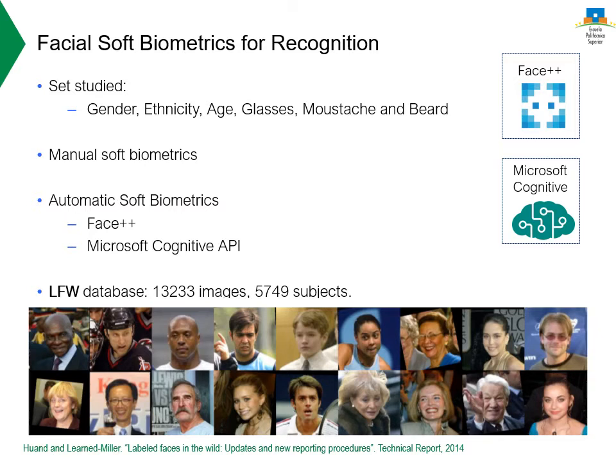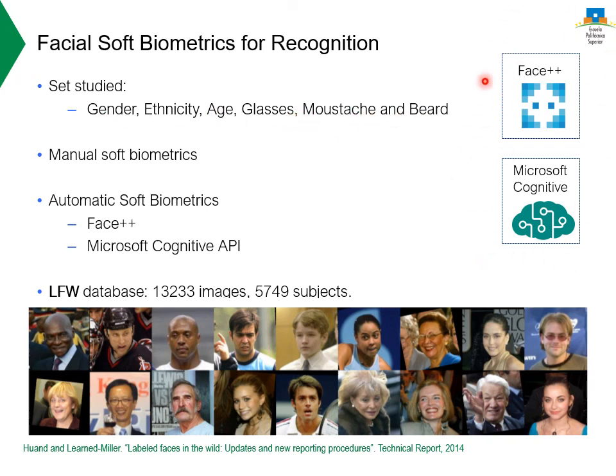So in this example, I'm going to put a few slides about this. Some of these soft biometrics that are sometimes used for improving face recognition are gender, ethnicity, age, glasses or not, mustache, beard, and others.